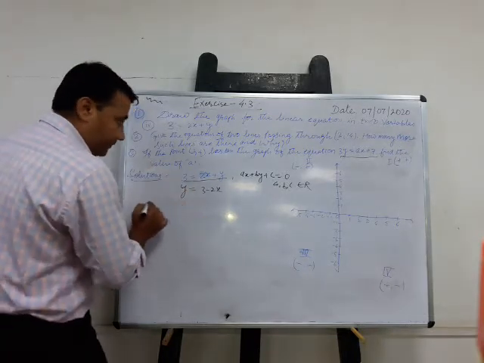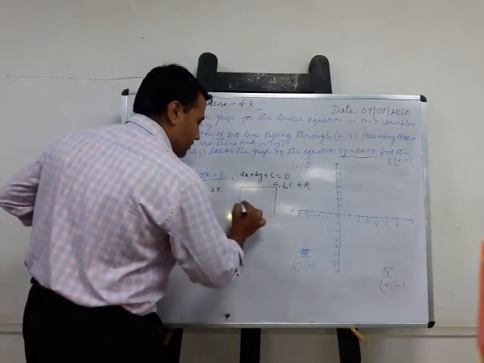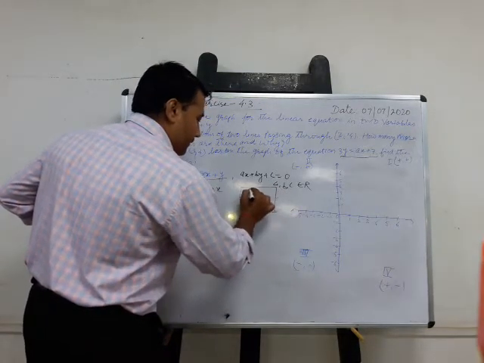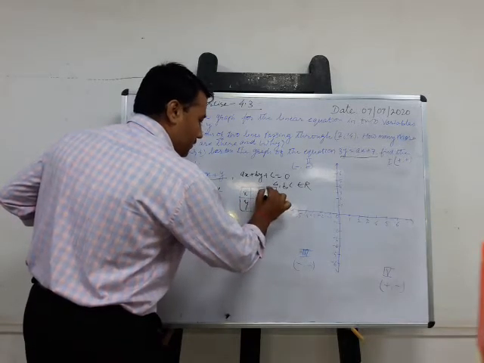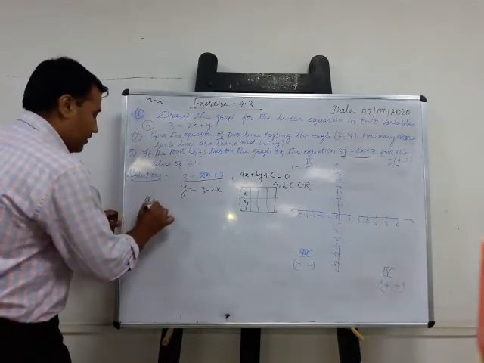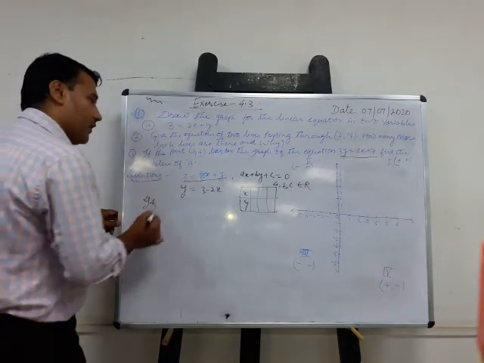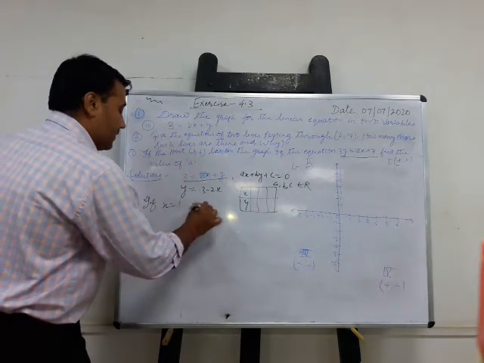Now let us make a table like this for x and y. Children, you can put values of your own choice. If x = 1, then what happens?